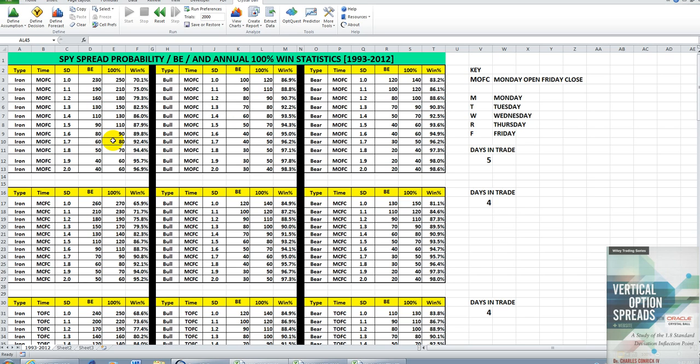If you correctly calculated the standard deviation using that historical volatility, or if you just used a very, very good surrogate, and you would have predicted with perfect accuracy, what this is telling you is that if you use an iron condor, which would be selling a credit put spread and a credit call spread, the combination of the two, and you were 1.8 standard deviations under on the short strike and over on the short strike, you would have had a 94.4% winning rate over all of that time frame.